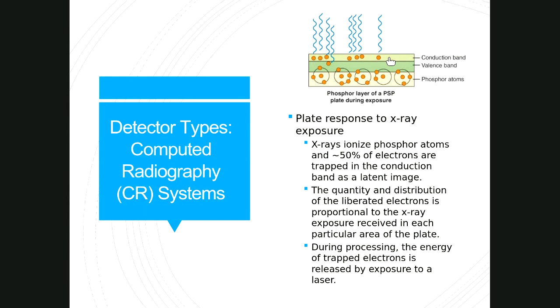So it says the quantity and the distribution of those liberated electrons, and liberated means freed electrons, is proportional to the X-ray exposure that was received in each particular area of the plate. And then during processing, the energy of those trapped electrons is released by being exposed to a laser in the plate reader.